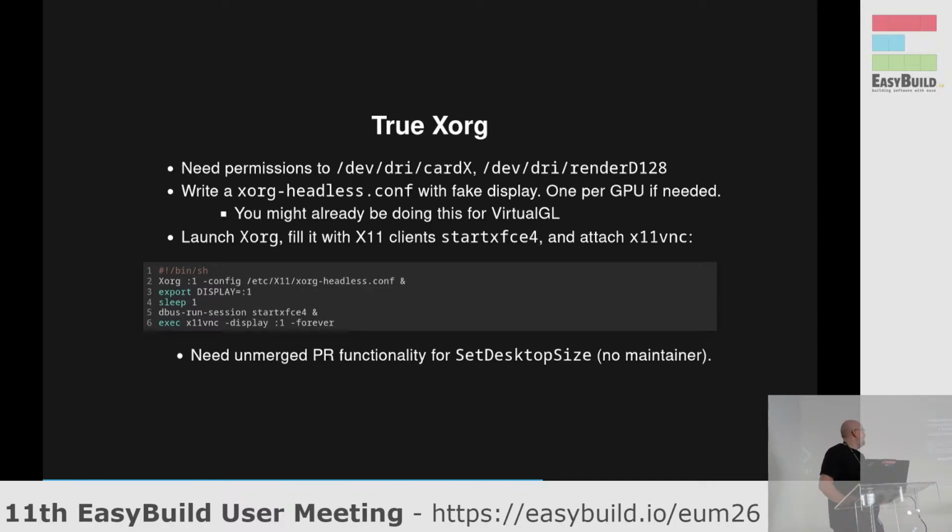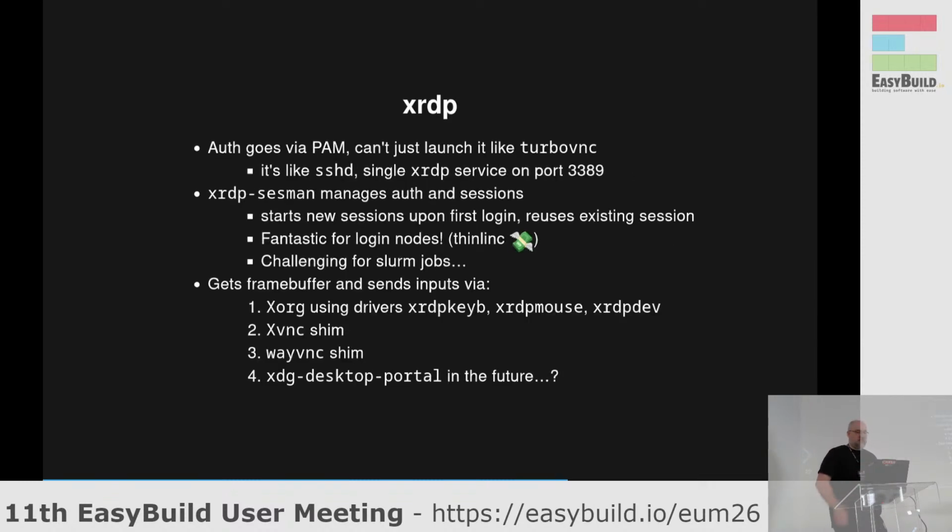No one does this, and also x11vnc is unmaintained and hasn't merged a PR for years, so I decided to ditch that. XRDP is nice, but still no support for NVIDIA drivers, so that's bad. But we run it currently.